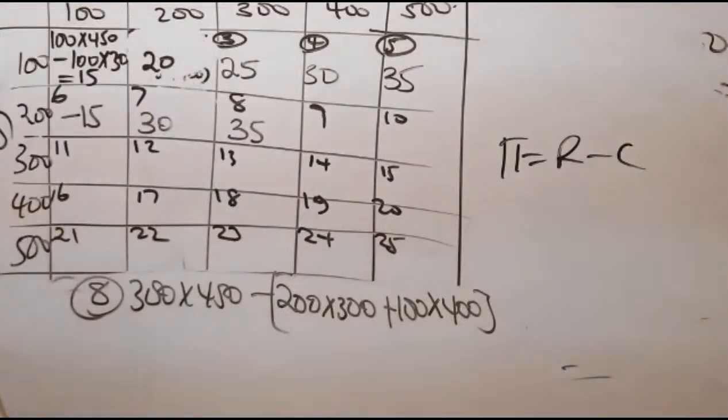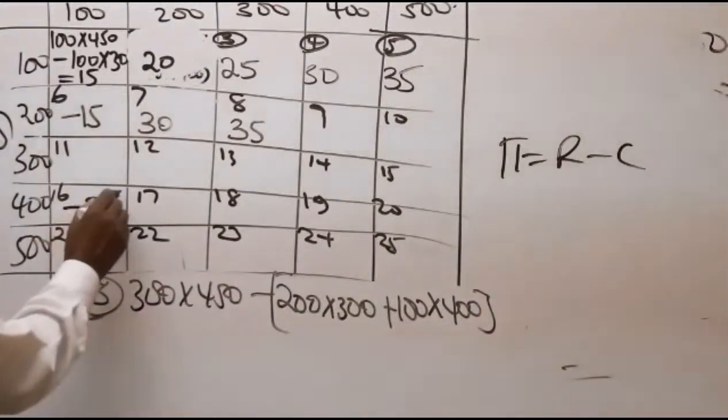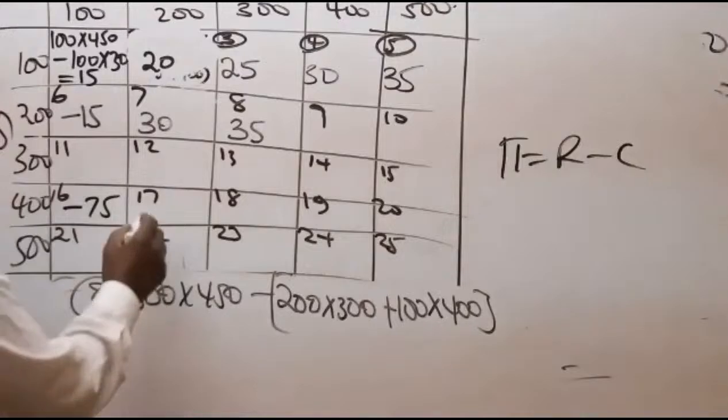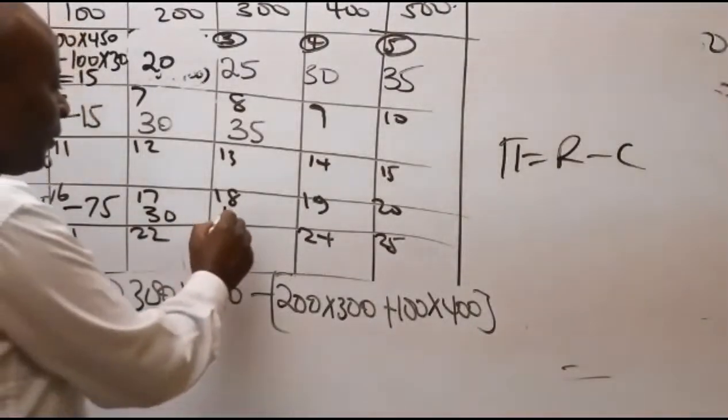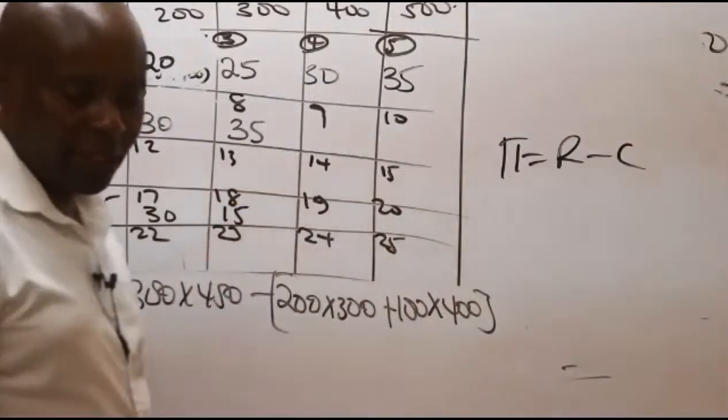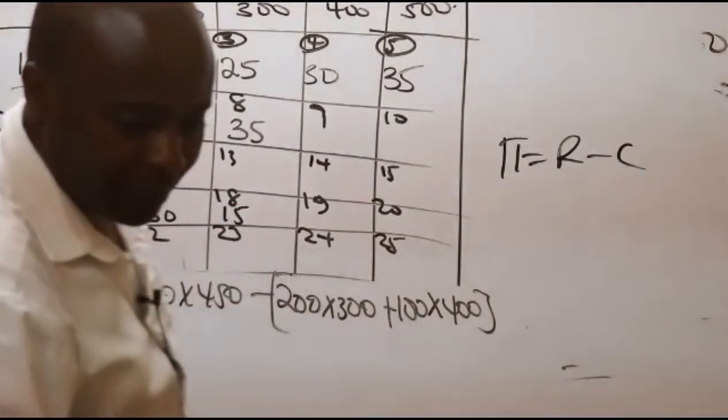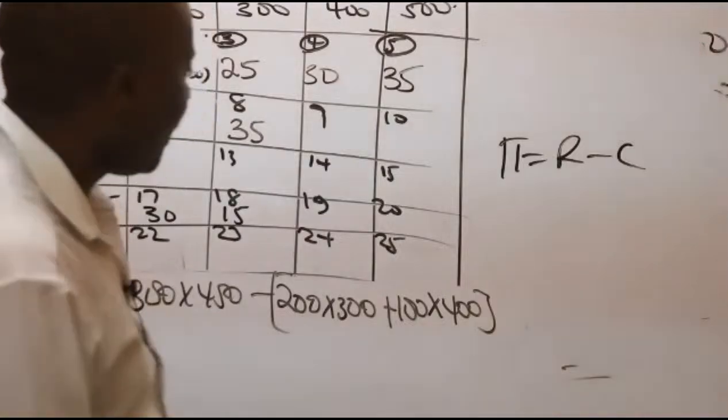Kigunda, from cell number 16, they're telling me it is negative 75, right? 17 is 30. 18 is 15. 19 is 60.